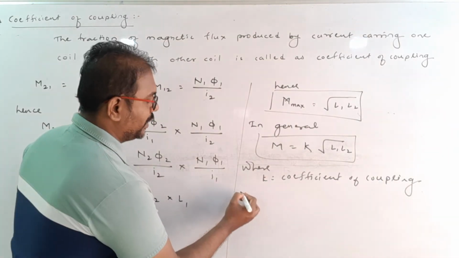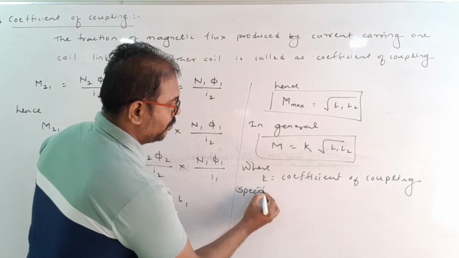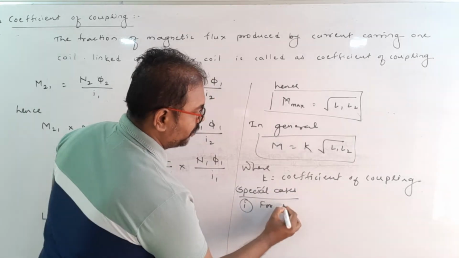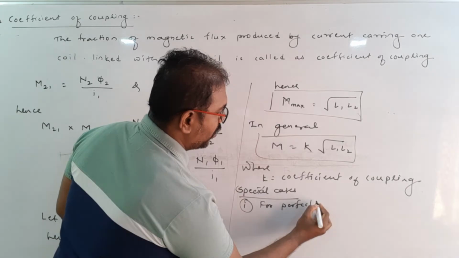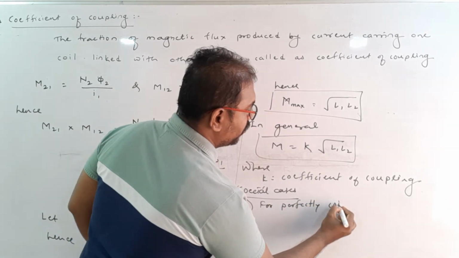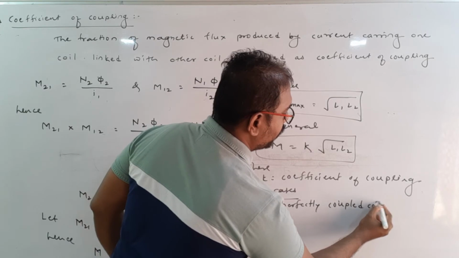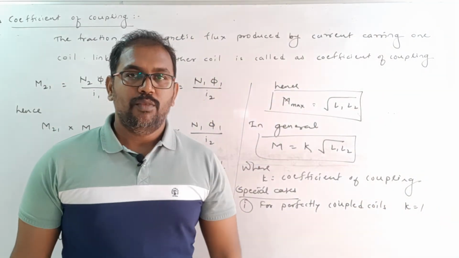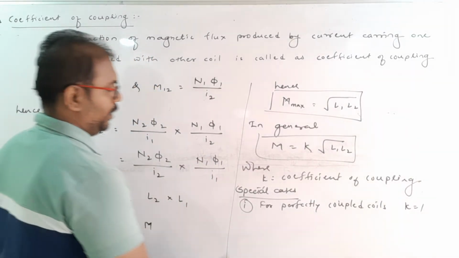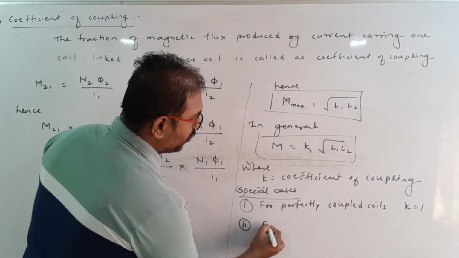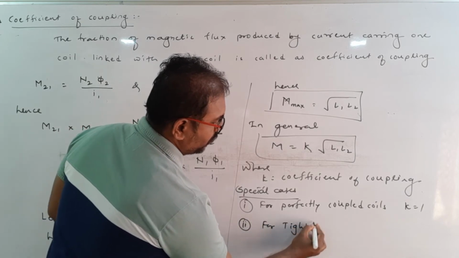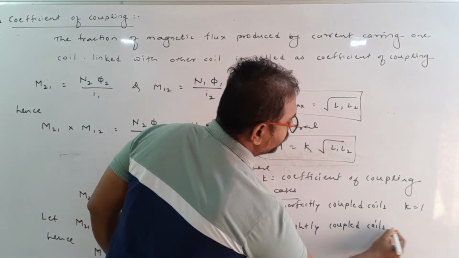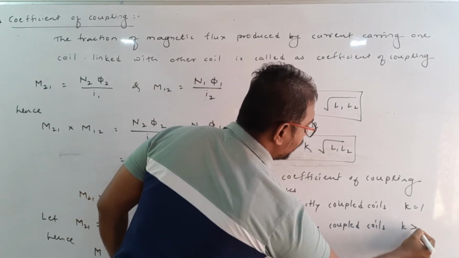Now you remember one thing here. We can write some special cases. For perfectly coupled coils, K is 1, which means this is the maximum mutual inductance we get for perfectly coupled coils. For tightly coupled coils, K is greater than 0.5.